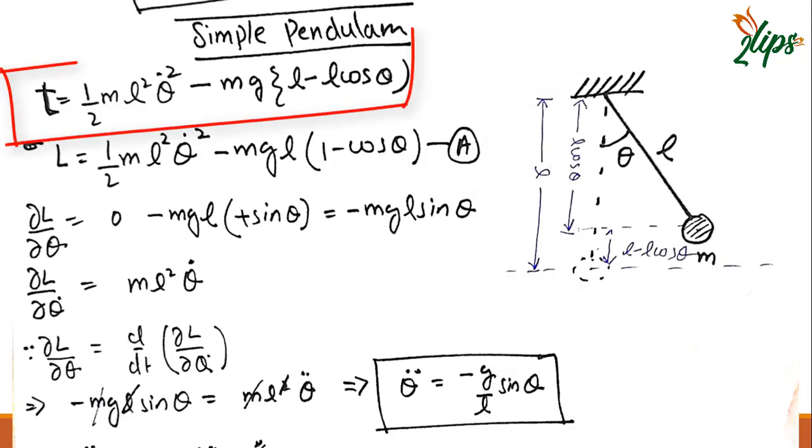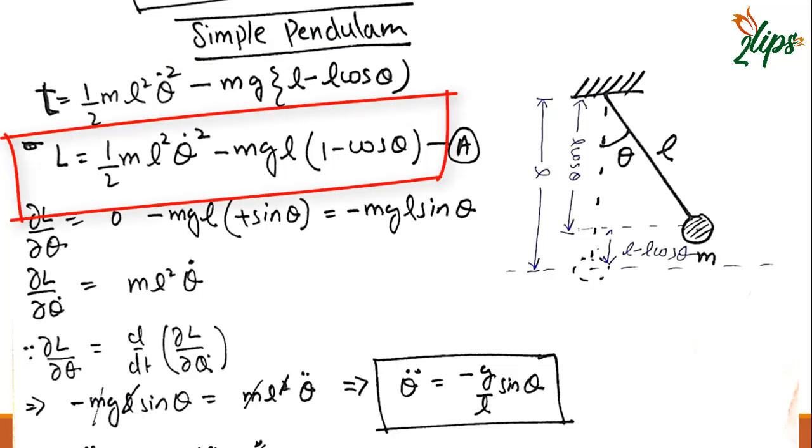So thus I can write this Lagrangian, that is L is equal to half m L square theta dot square minus mg(L minus L cos theta). This can also be written by taking L common, so I can write it this way.